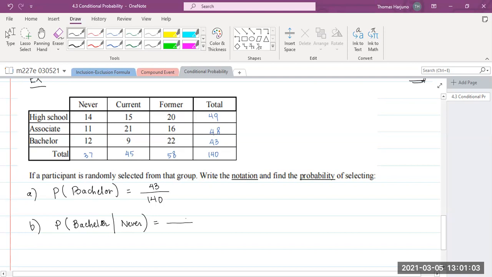How many people don't smoke? Yeah, 37 people never smoke, right? There are 37 people who never smoke. Of those 37 people who never smoke, how many of them have bachelor? There are 12 of them.